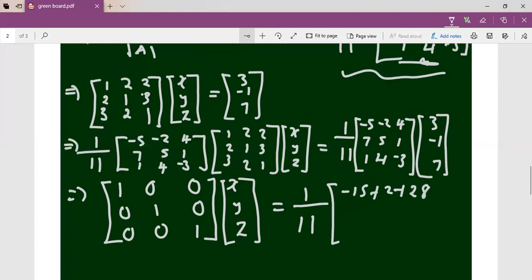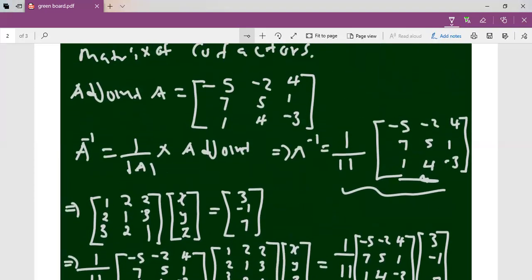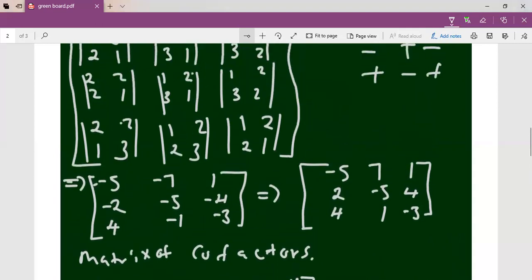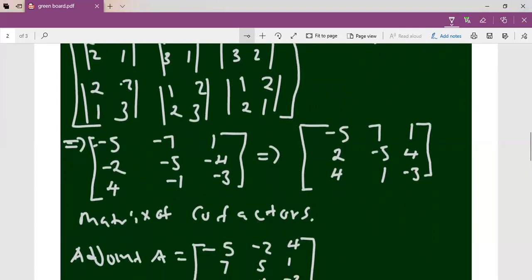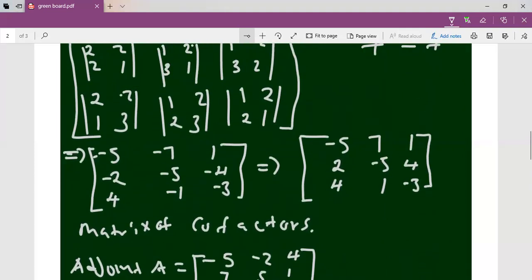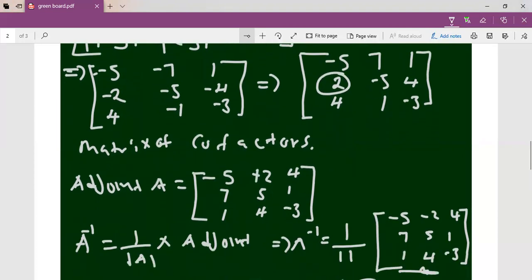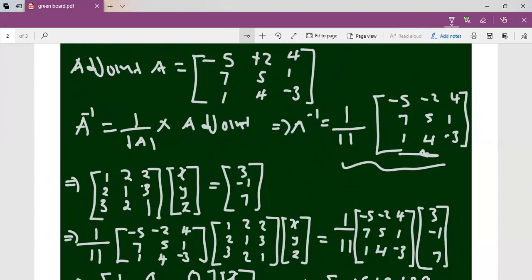Okay, so take note here. When you look at this, this must be positive, this must be positive, and this must be positive.